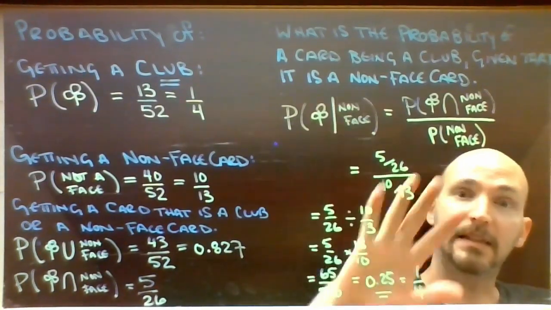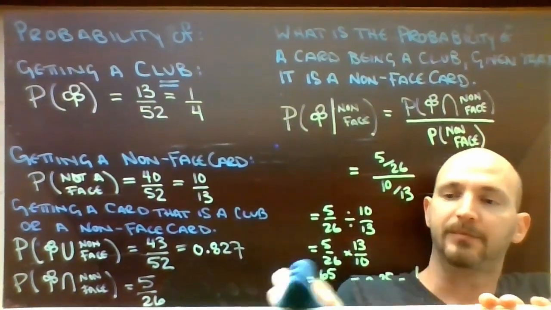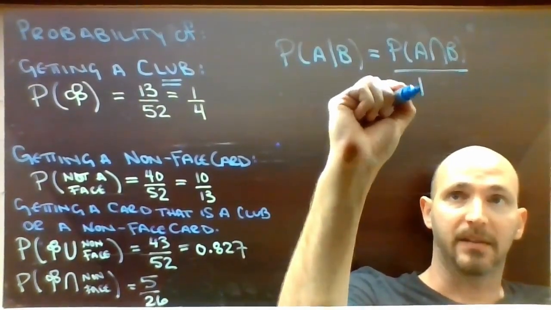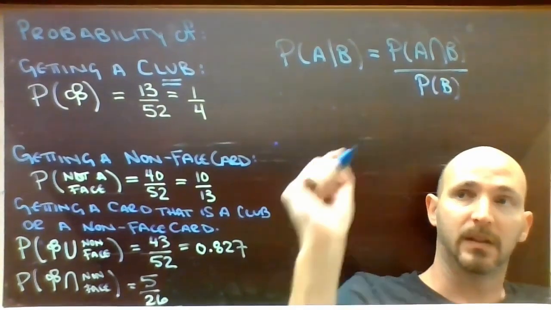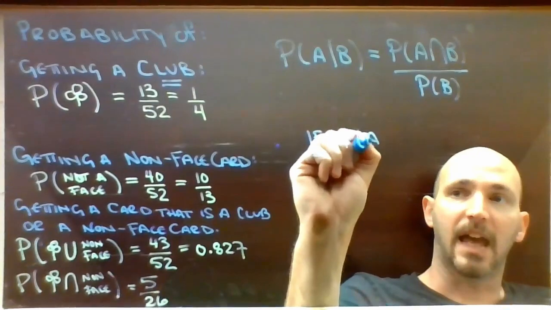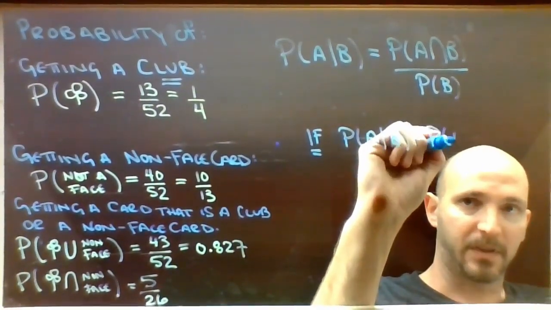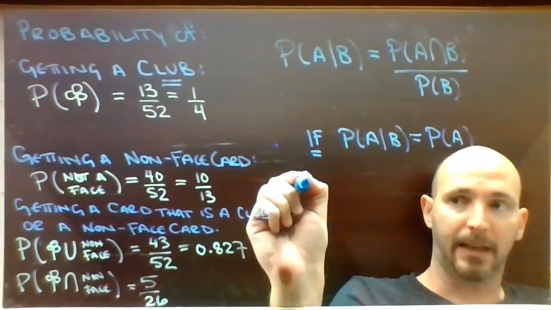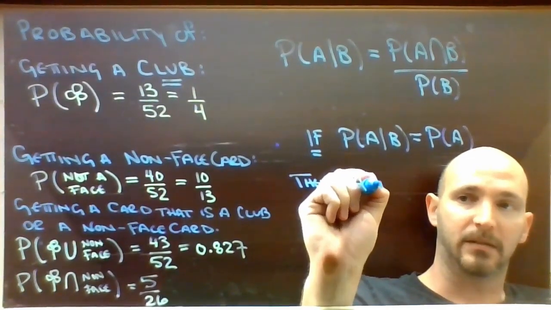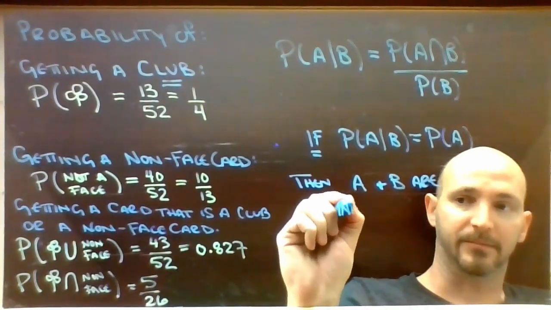So I'm going to take this idea and I'm going to write it down as formulas so you have something to look at. The probability of A given B equals the probability of A and B divided by the probability of B, and if the probability of A given B happens to equal the probability of A, then A and B are independent events.